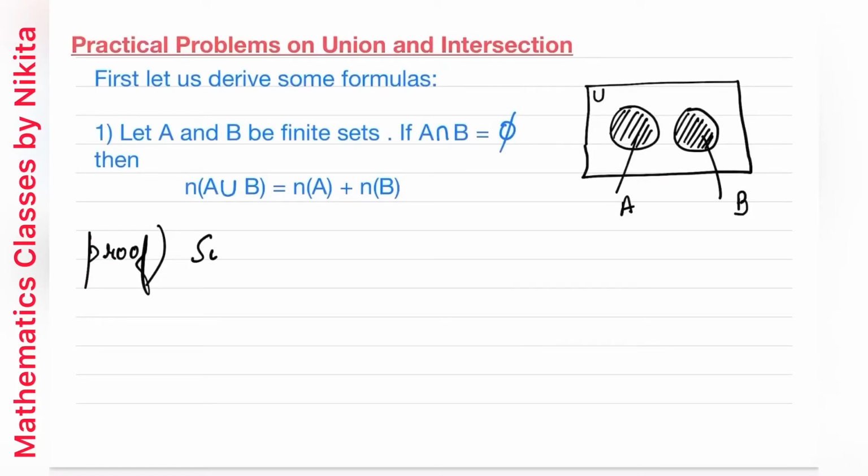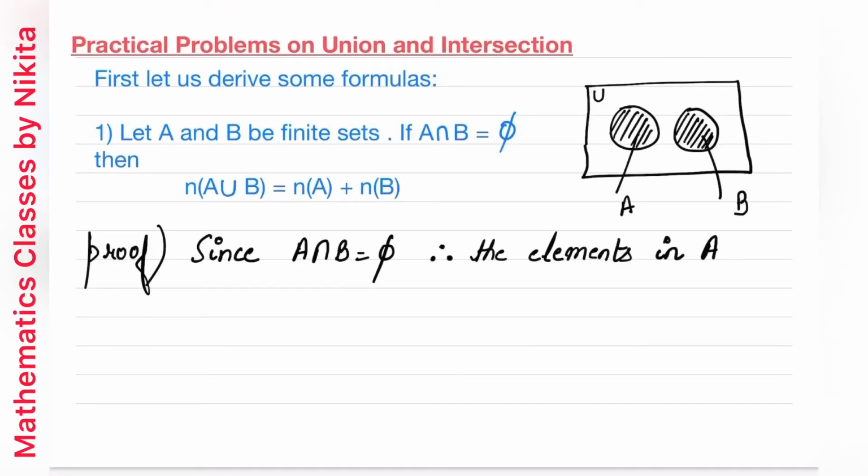So since A intersection B is equal to empty, therefore the elements in A union B are either in A or B but not in both.